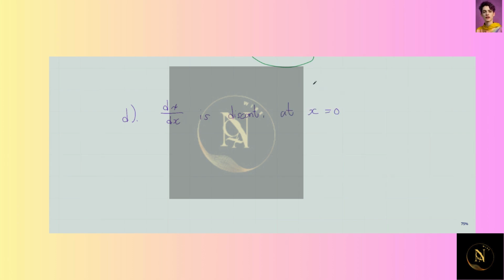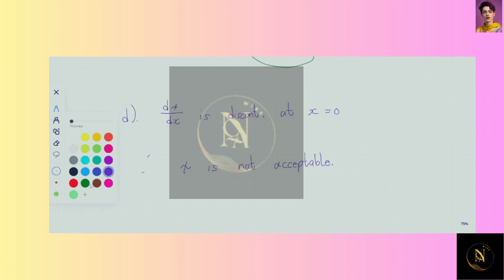That is, it is negative for x greater than 0 and positive for x less than 0. And so this says that the wave function psi is not an acceptable one. d psi dx must be continuous everywhere except where the potential energy U approaches infinity.